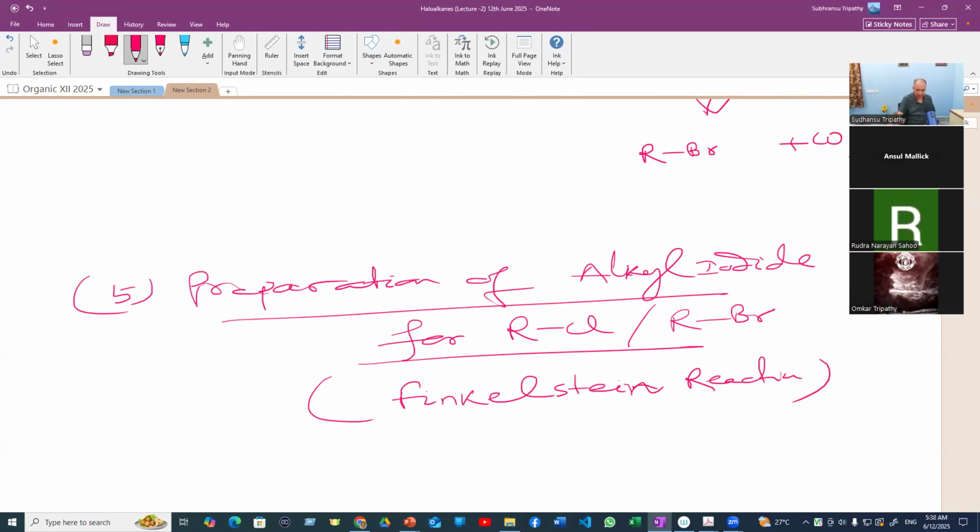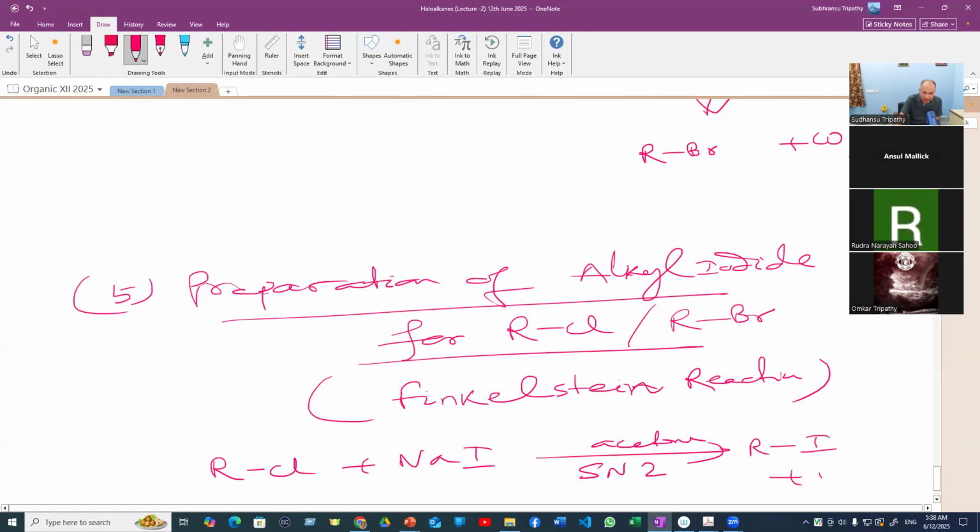This is simple. To get iodide from alkane was difficult, but once you get alkyl chloride or bromide, take NaI in acetone, and this will be SN2, to get RI plus NaBr. I minus is a very good nucleophile, as you will know.